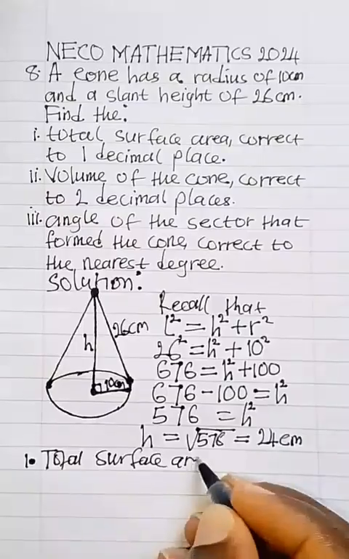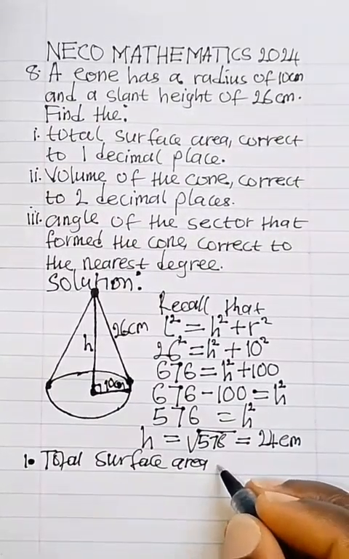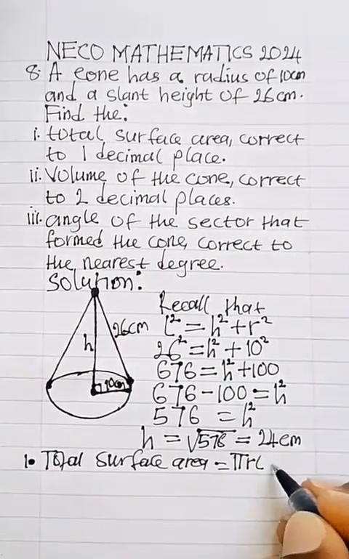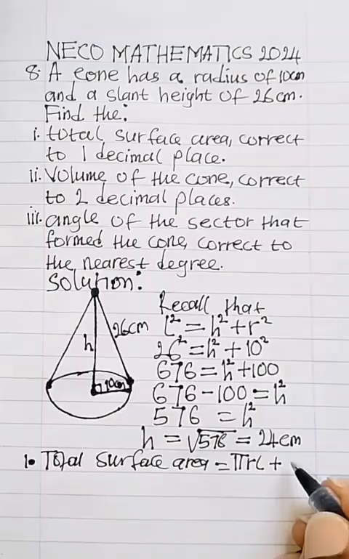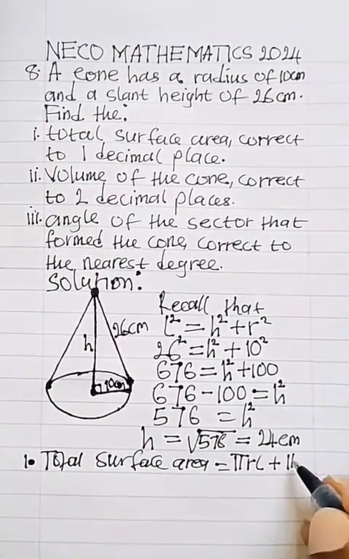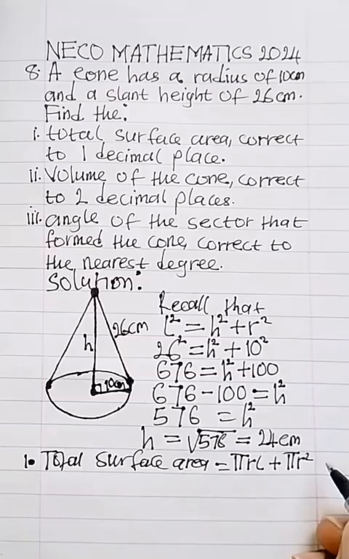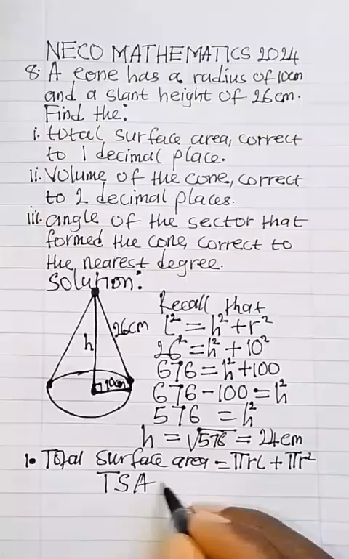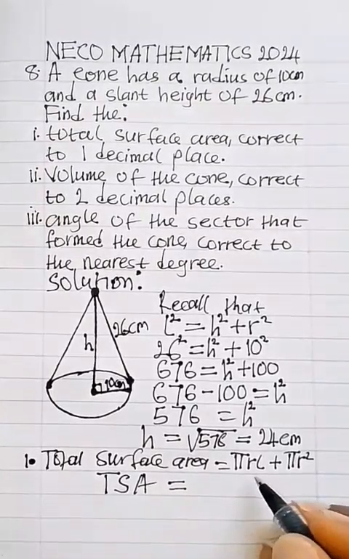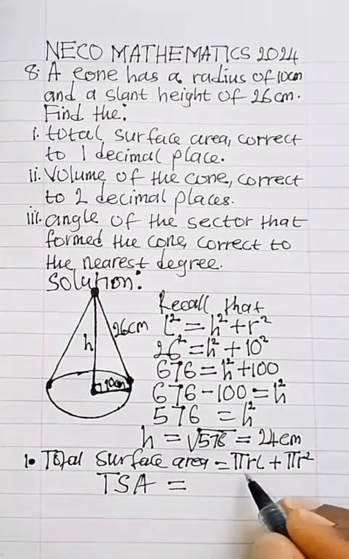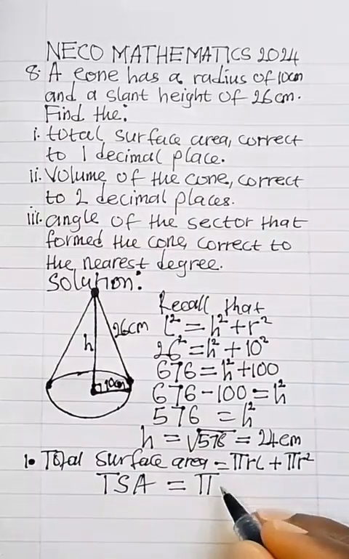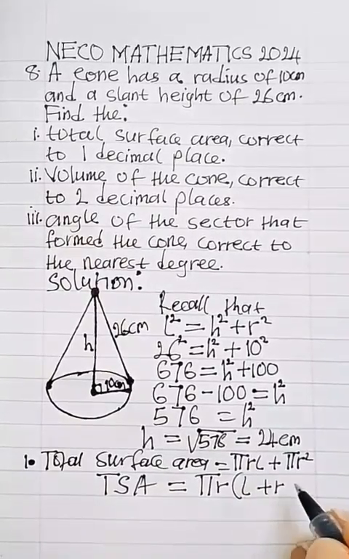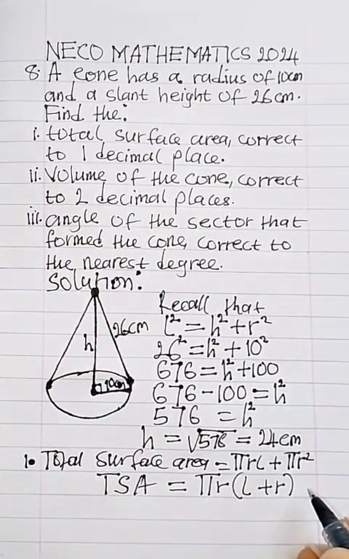After that, we can now move to Roman figure 1, which is the total surface area of the cone. The formula is curved surface area plus area of circular base, which is pi r squared. Therefore, total surface area is equal to, we can factor out pi r, pi r bracket L plus r bracket close.